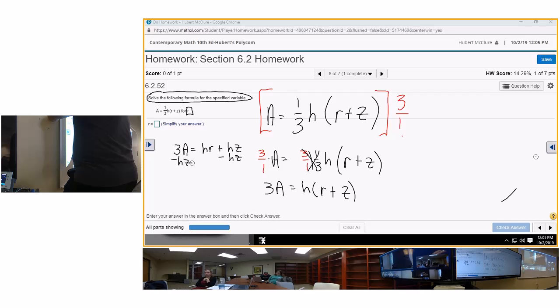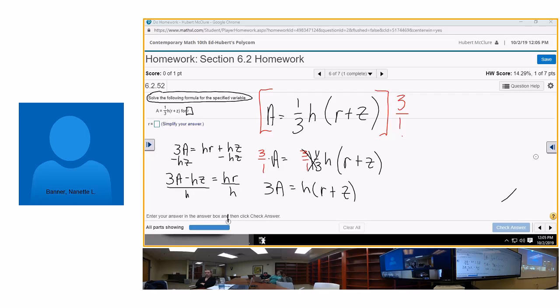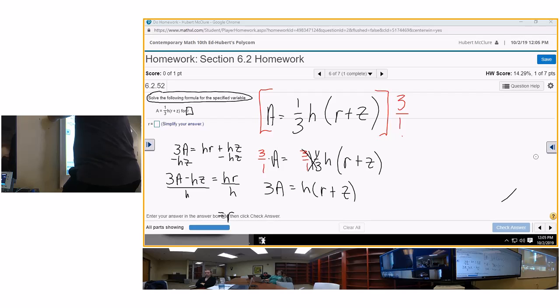So that's 3A minus HZ is equal to HR. Divide by H because I want to get rid of multiplying by H. And R is equal to 3 capital A minus HZ over H. Now that's one way to solve it.